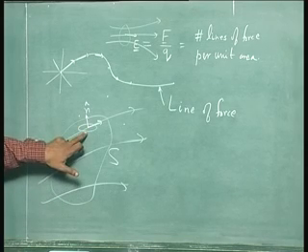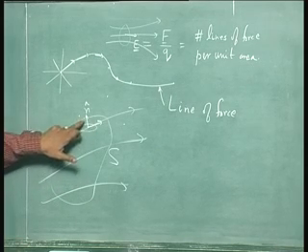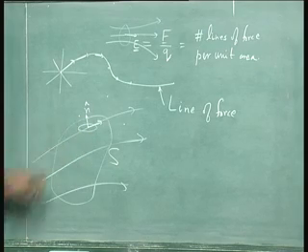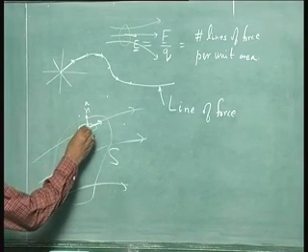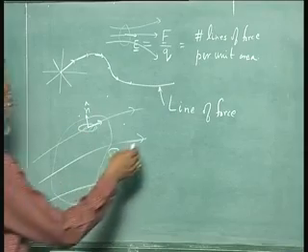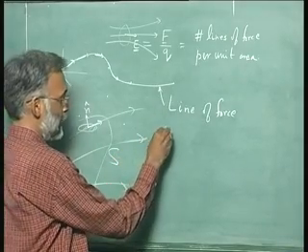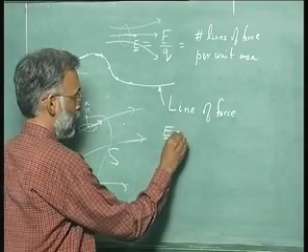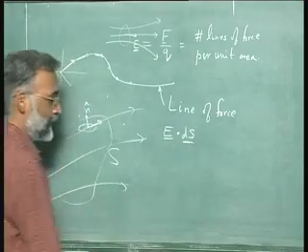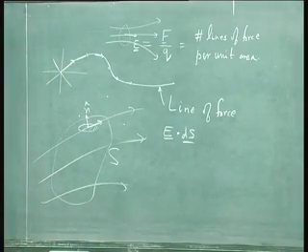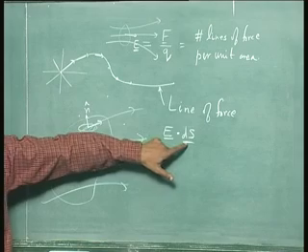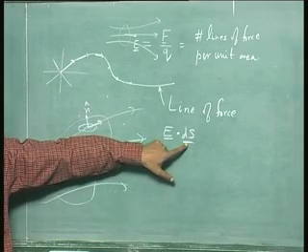If you want to count how many lines of force go through the area ds, we worked it out last time, it is equal to E dot ds. So, this is a little bit of flux that cuts through this area ds.